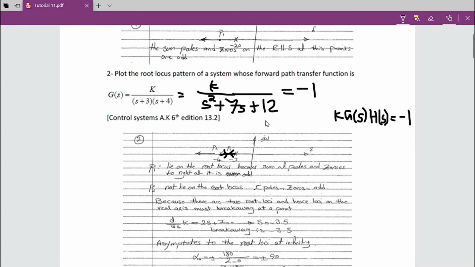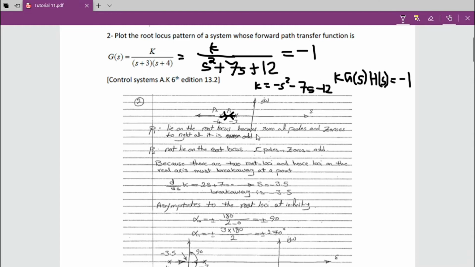Now what we need to do is make k the subject of the formula. If we do that, we get k is equal to the negative of the denominator, that is negative s squared minus 7s minus 12, right? Now what we need to do is to differentiate this k.